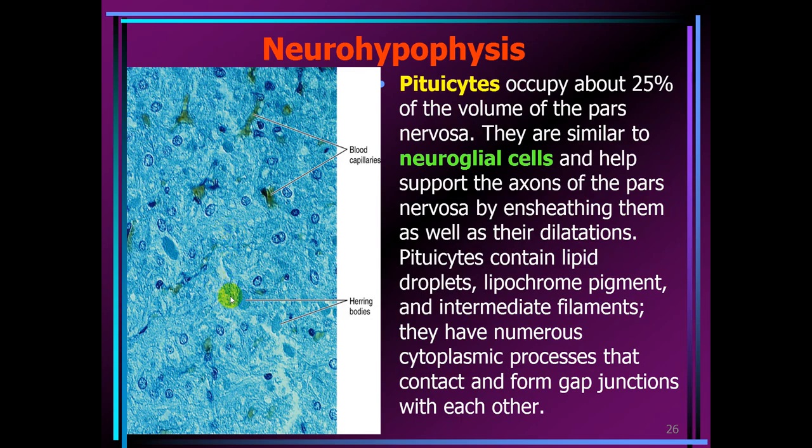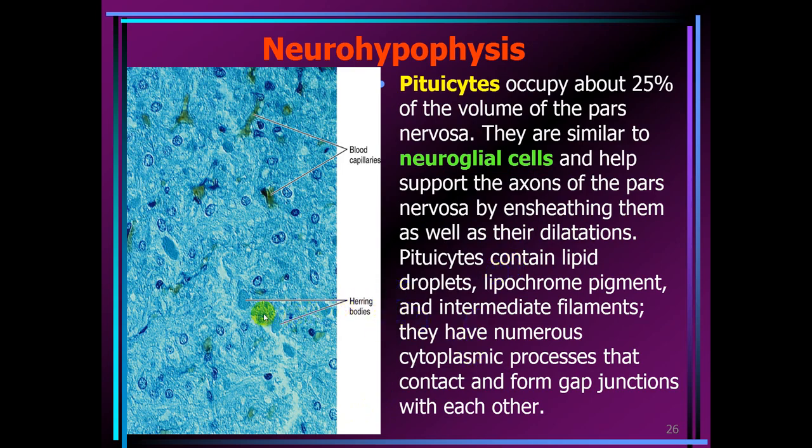which occupy about 25% of the volume of the pars nervosa or neurohypophysis. They are similar to neuroglial cells, as I said, and help support the axons of the pars nervosa by ensheathing them as well as their dilatations.